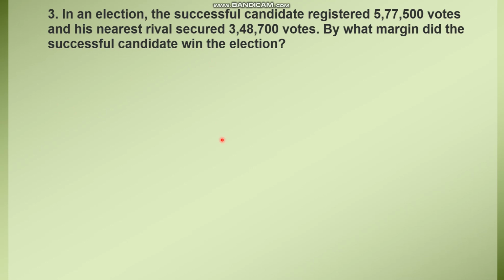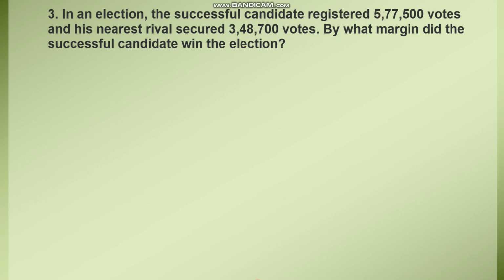So let's answer this step by step. How can we answer? You have to subtract 3,48,700 from 5,77,500. Then you will get the difference between their votes.